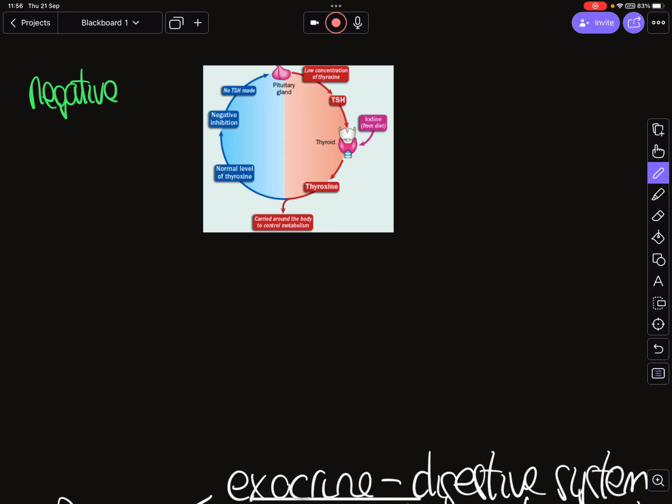So, if you turn on your oven and you turn it up to 180 and it takes time to get to your 180, eventually once it hits 180, it'll turn itself off. Once it falls below your 180, maybe to 170, it turns itself back on, and it keeps doing that. So when we talk about hormones, one hormone will stimulate the production of another.